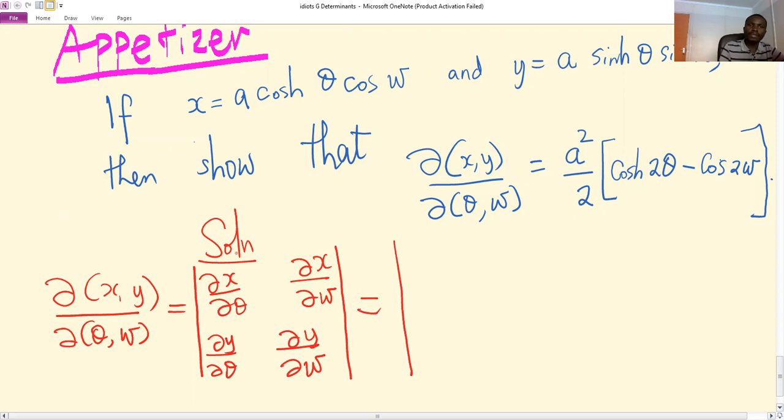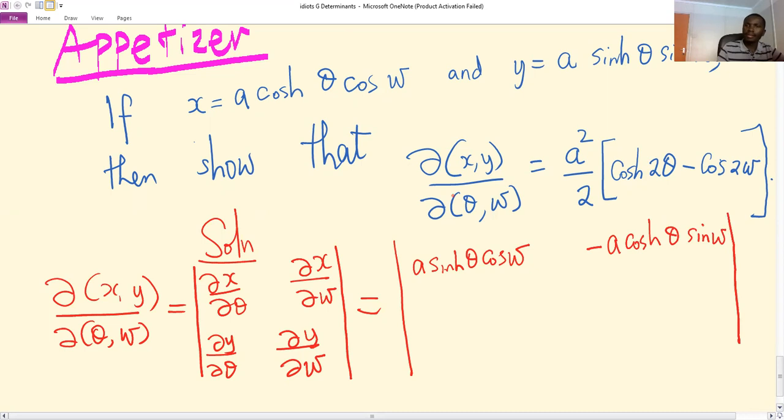Partial x, partial theta: when you differentiate a hyperbolic cosine function, you get a positive hyperbolic sine function. So this will give us a hyperbolic sine of theta times cosine of omega. And then partial x, partial omega: when you differentiate a cos function, you get a negative sign. So this will be negative a hyperbolic cosine of theta and then sine of omega.